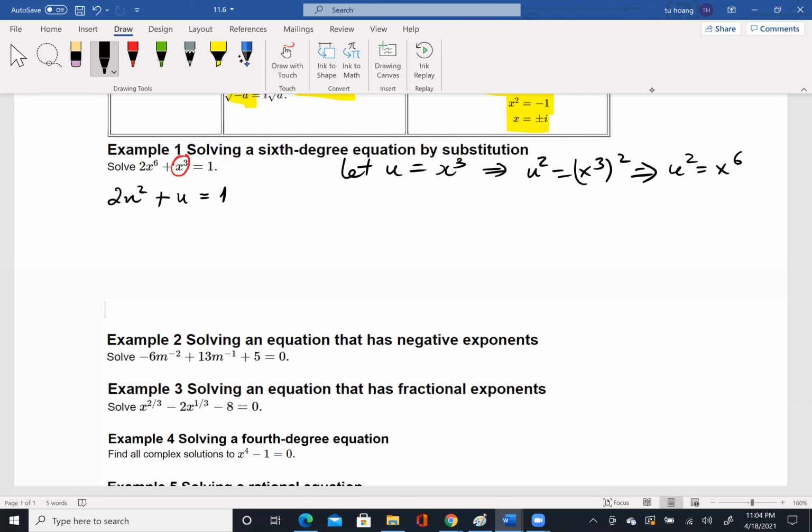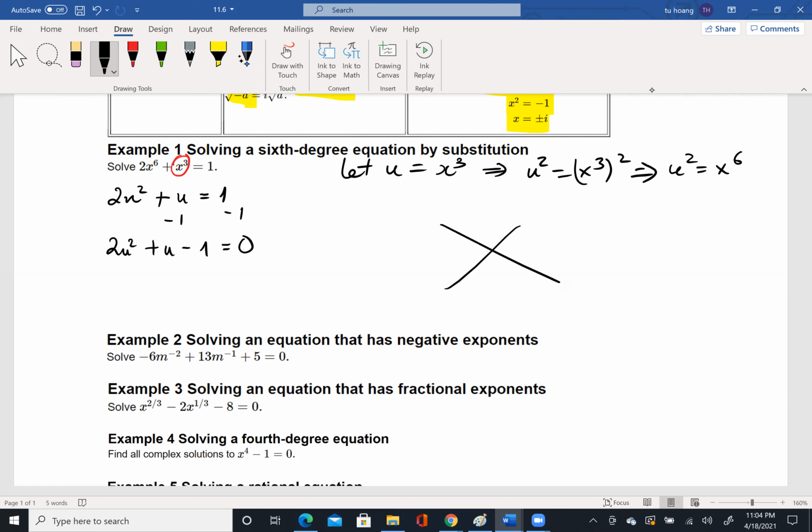Then I subtract 1 from both sides, and I have 2u squared plus u minus 1 equals 0. You can use factoring here, and let's see what happens.